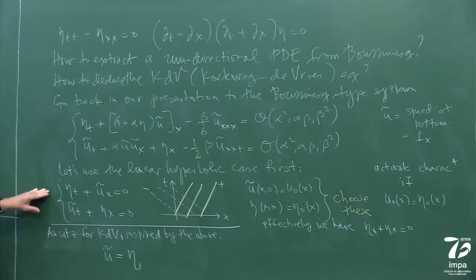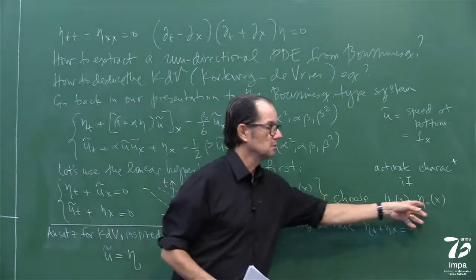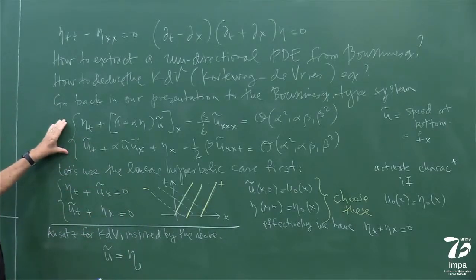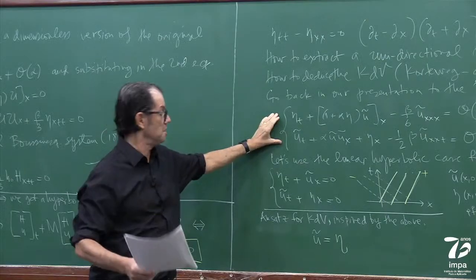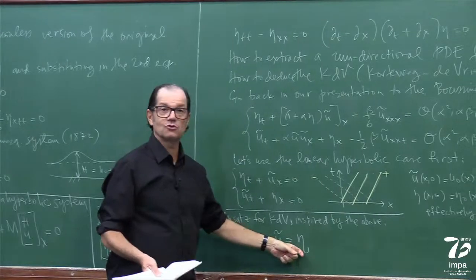So linear, I know that if I put u equals to eta, things only go to the right. I want to see for this guy, things only going to the right. So I say, okay, I'm also going to imitate the linear case and do u equal to eta.